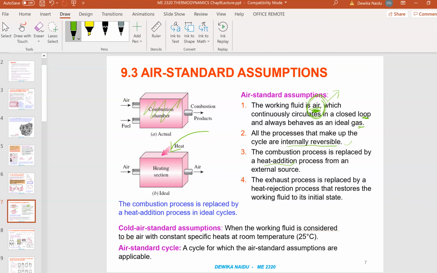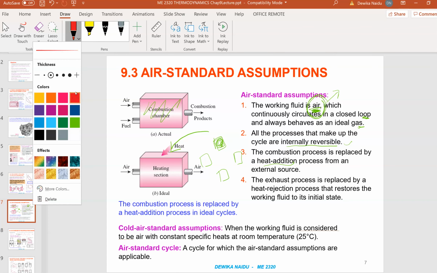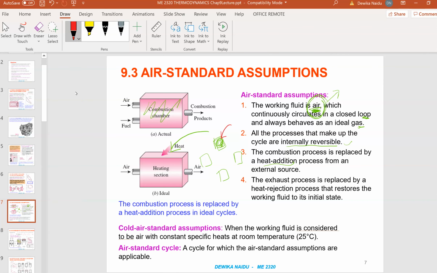So when they draw the cycle, they will draw equipment. Actually, the combustion is happening within this equipment. It's happening here. But for easy understanding, they assume that it's coming from outside. So that is for heat addition.